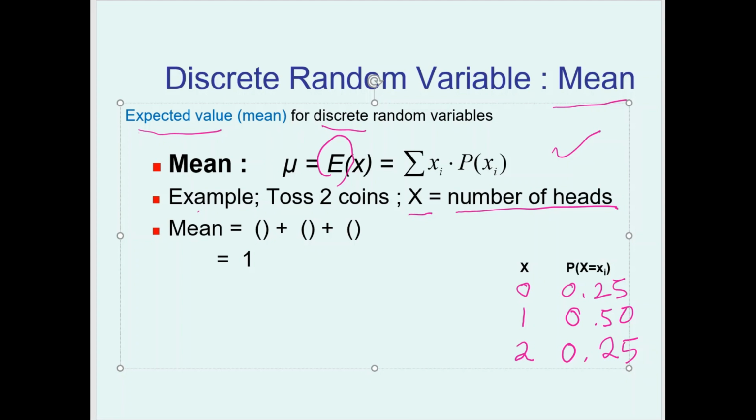Okay, so we put in here 0, because we need to see how many x here, right? 0, we times it with the probability of getting x equals 0, which is 0.25.